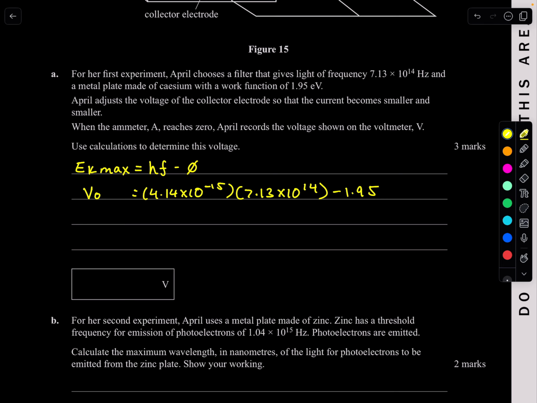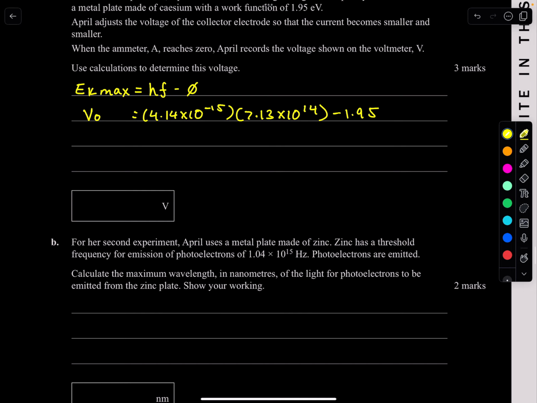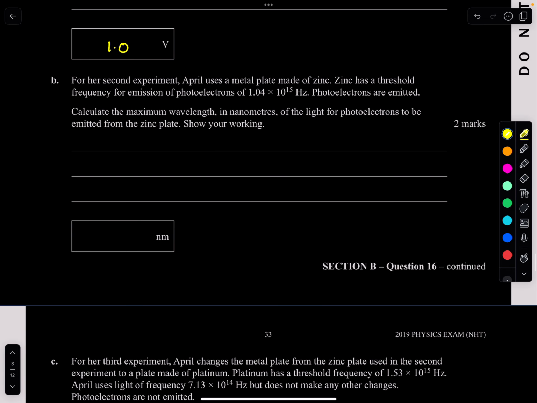That gives basically 1 volt. So basically 1 volt of energy. Easy.